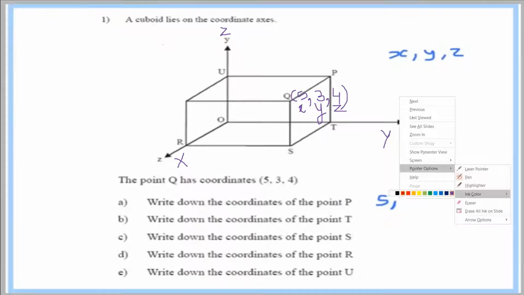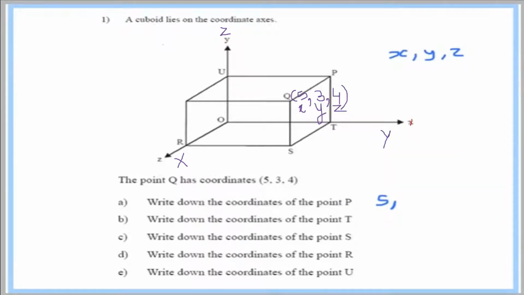This is not X, this is crossed, this Z is crossed, and this Y is crossed. So right now I am taking this as the Y axis, this as the X axis, and this as the Z axis. According to this, this is the value of X, this is Y, and this one is Z in this case. So let's start.